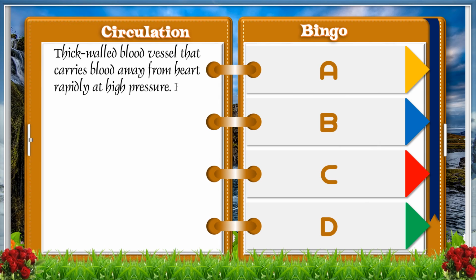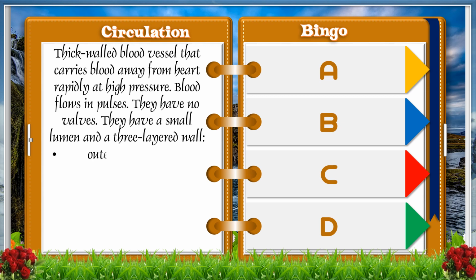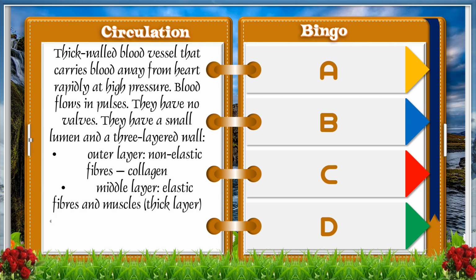Thick-walled blood vessel that carries blood away from the heart rapidly at high pressure. Blood flows in pulses. They have no valves. They have a small lumen and a 3-layered wall.